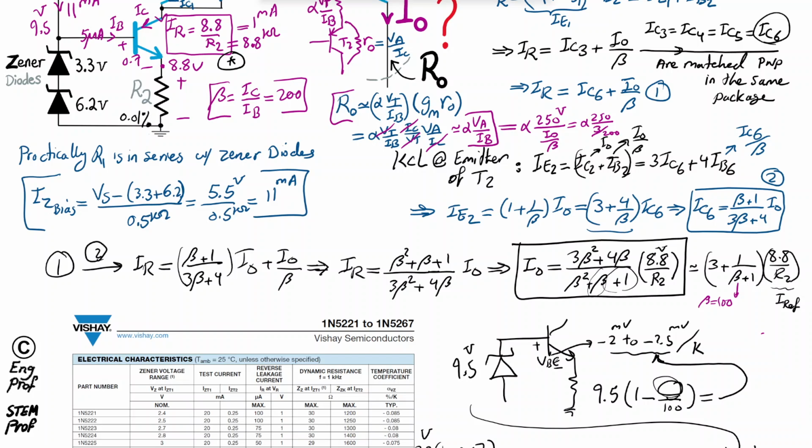And if you compute this, remember, this is 3 milliamp, so this is 0.003, and then we divide by 200, the beta. So as a result, what we get is on the order of, that's a very sizable value.